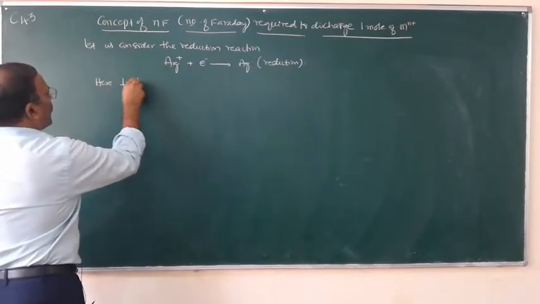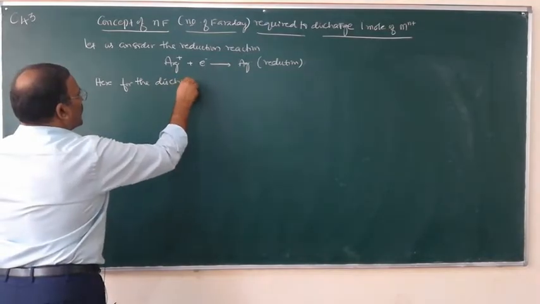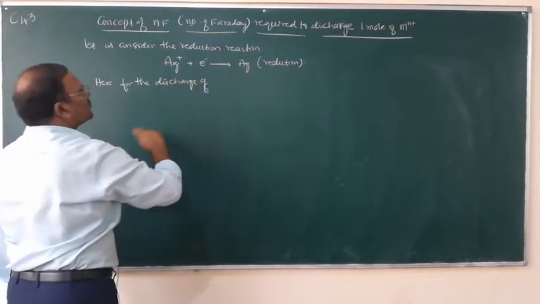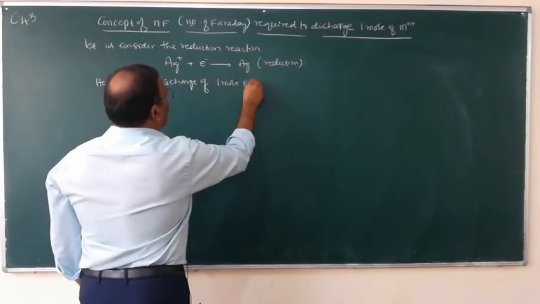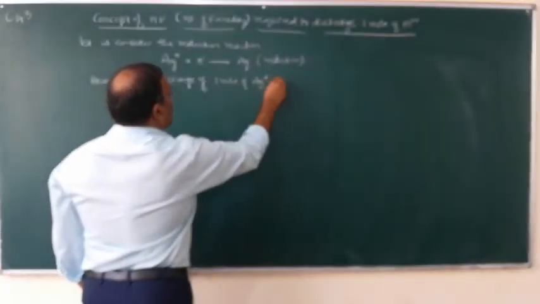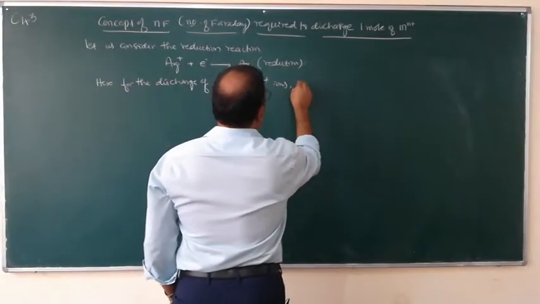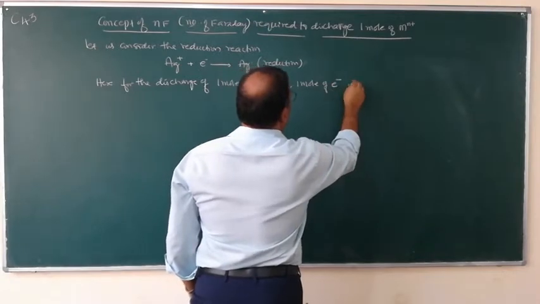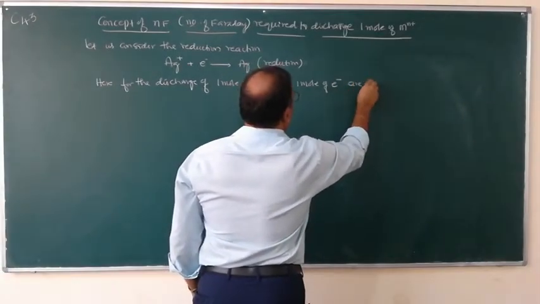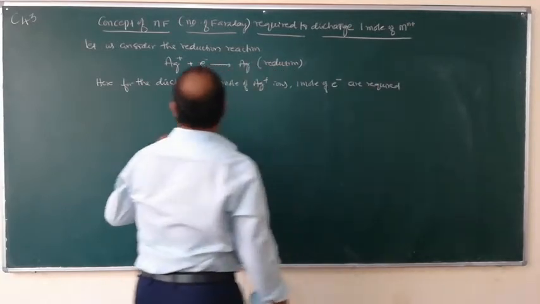So for the discharge of 1 mole of Ag plus ions, 1 mole of electrons are required.